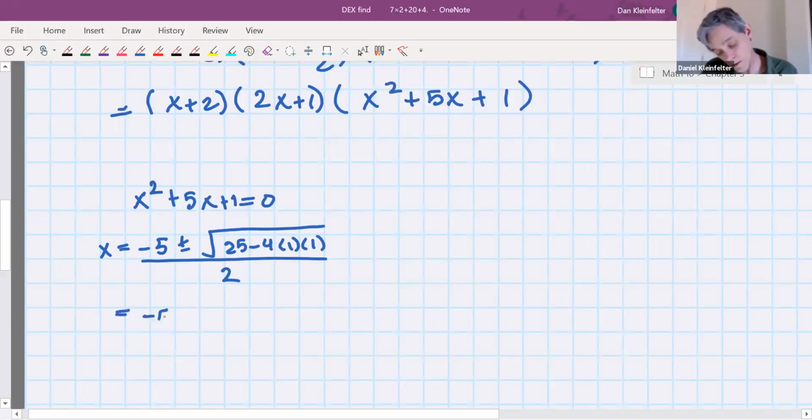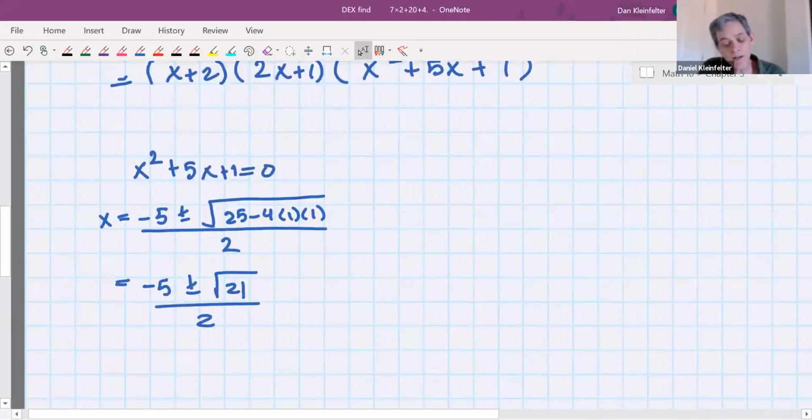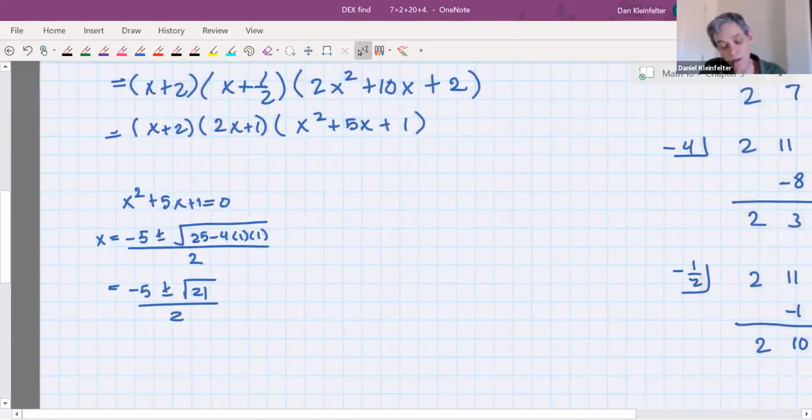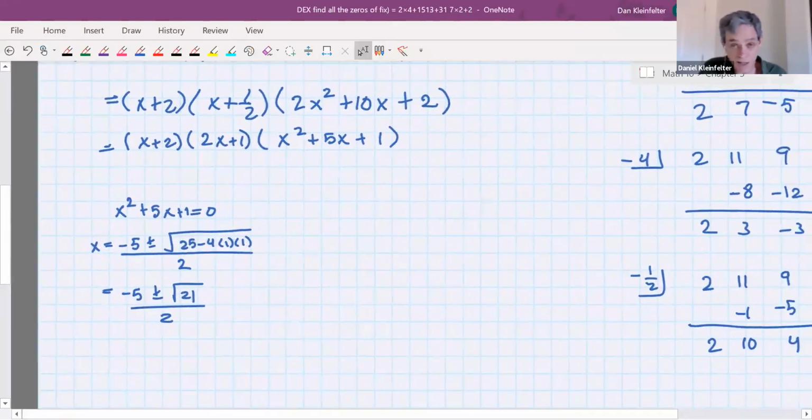Okay, so a little simplifying the radical. All right, so the other 2 zeros will be negative 5 plus or minus square root 21 over 2. So those were irrational zeros. Remember that the rational zeros theorem doesn't tell us anything about those. So let's see what we've got.